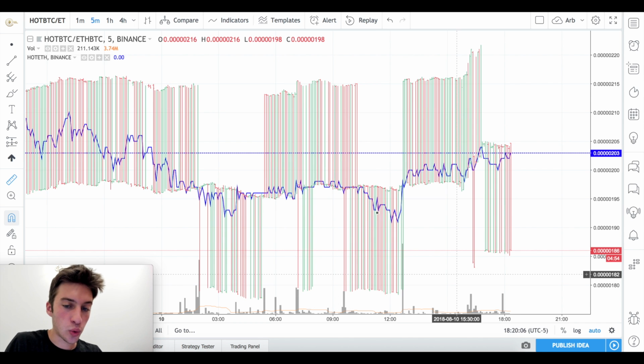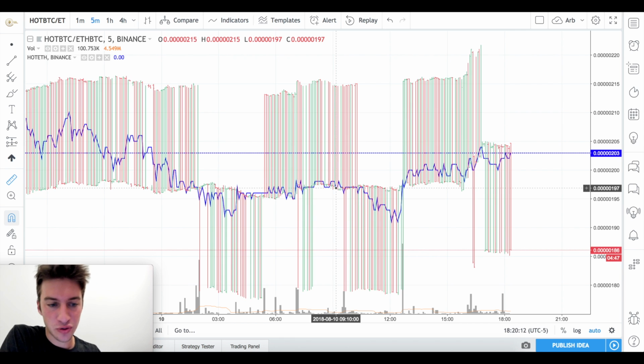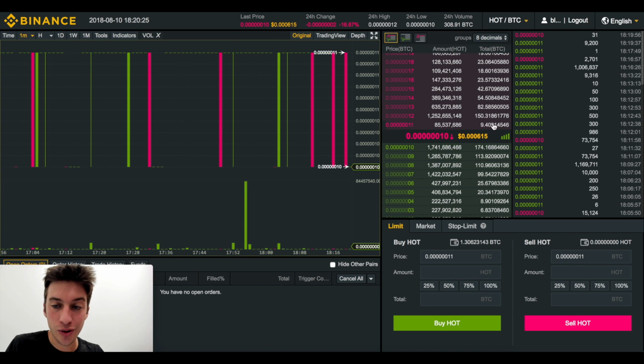Now, here, we don't buy at lower parity because we may have noticed at this point in time, just by taking a look at the HOT BTC order book, that the offer is 10 times bigger than the bid. That is not a good sign to buy at lower parity. Same here. You notice here that the bid is 18 times higher than the offer. I have no interest in the slightest in selling HOTF right now.